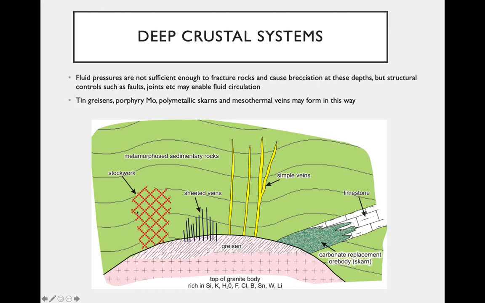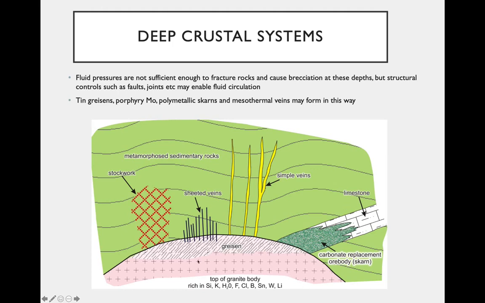We could get stockwork, so we have conjugate systems, or we could get closely spaced sheeted veins, or simpler systems. And these are common for things like tin greisens, porphyry moly, polymetallic skarns, and mesothermal veins.